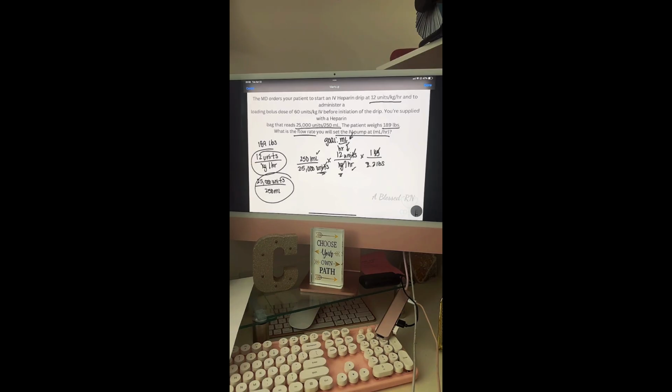My kilograms cancel out, and then I can put my 189 pounds that my patient weighs at the top, and I don't have to pick up my calculator but one time, okay? All right, so I'll do 250 times 12 times 189 divided by 25,000 divided by 2.2 equals 10.3 milliliters per hour. Anybody have any questions?